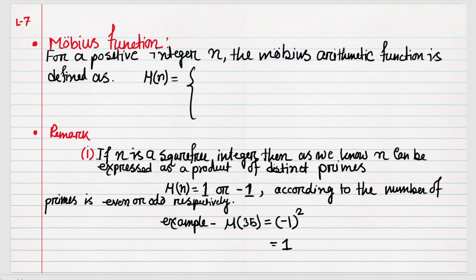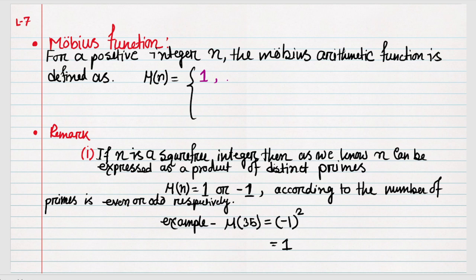We denote the Möbius function as mu of n, where n is an integer. Here we have three cases. The Möbius function's range is always one of three values. One is 1, as with our sigma and tau.